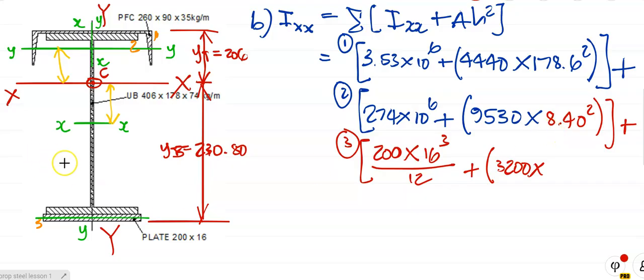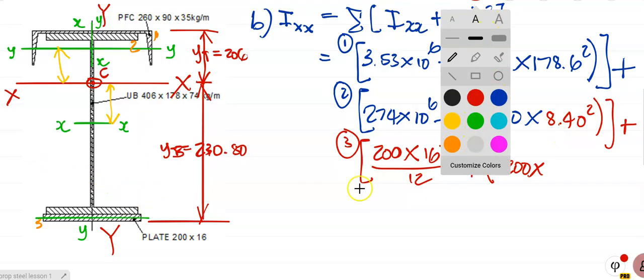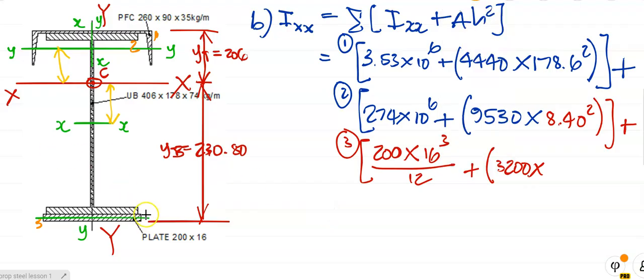And what's h? H is the distance. I'm going to draw it in here. H is the distance from the centroid of the plate all the way up to the centroid of the whole cross section. Did you get that? H is the distance from the centroid of the element to the centroid of the whole cross section. Can we work it out? Yes, we can.